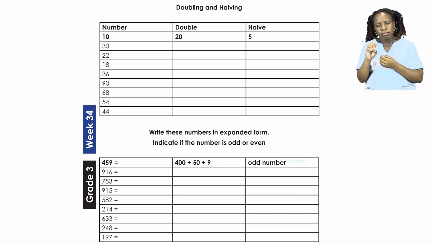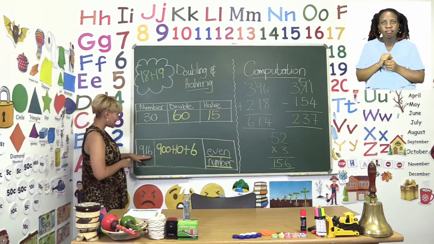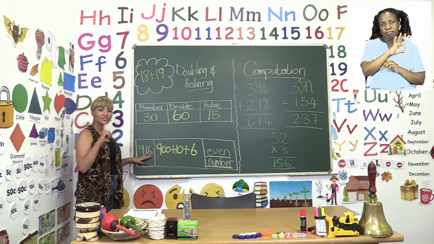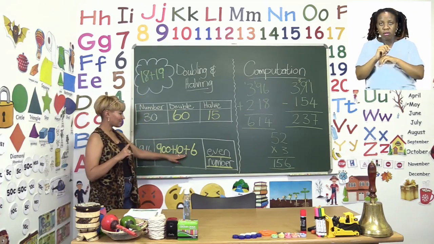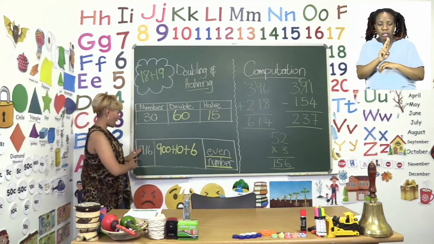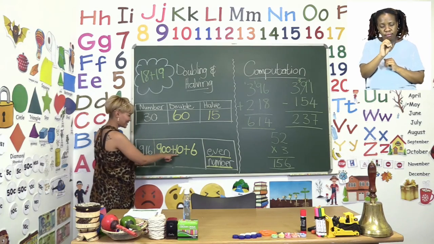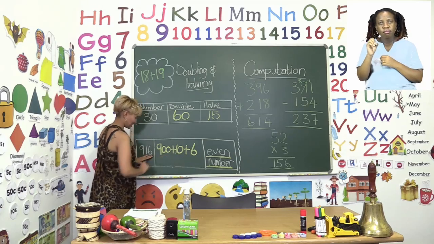Now let's quickly do the next number together. Now this example I have on the board once again, and this number is 916. Now first remember, we have to expand hundreds, tens and units. Our hundreds is 900, our tens is 10, and our units is 6.